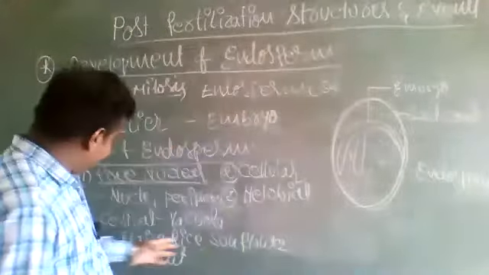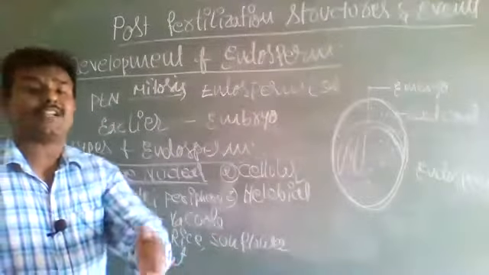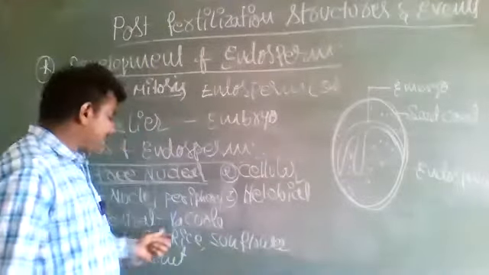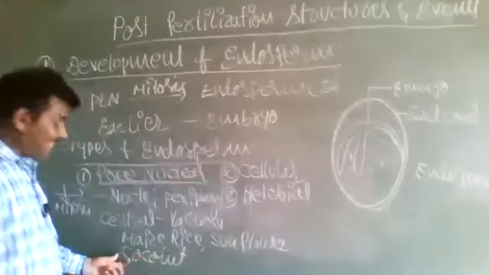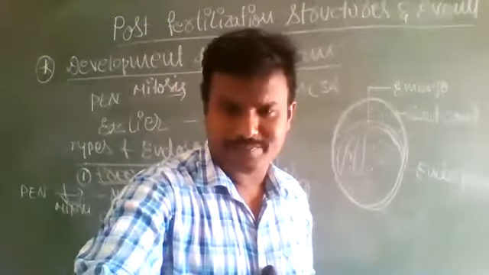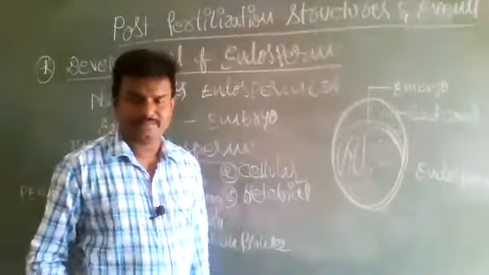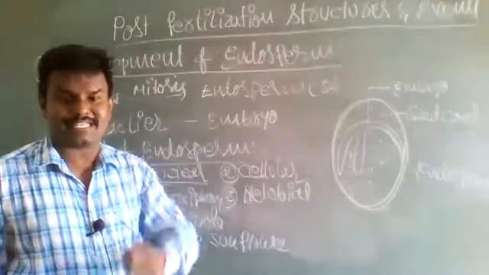In maize, rice, sunflower, you may not observe it clearly. It is clearly observable in coconut plant. In the tender coconut, free nuclear endosperm is a best example.